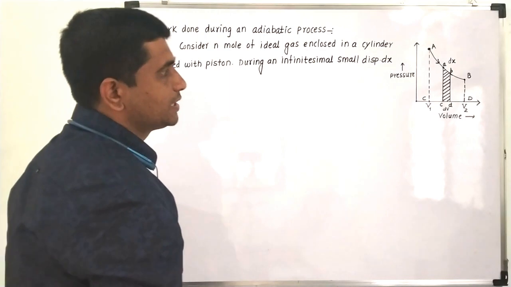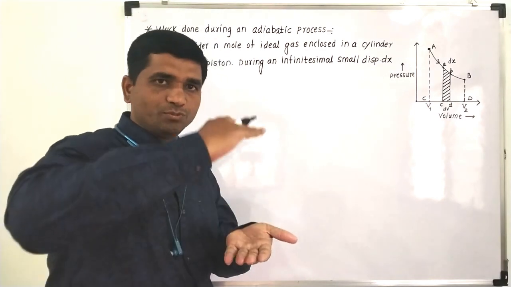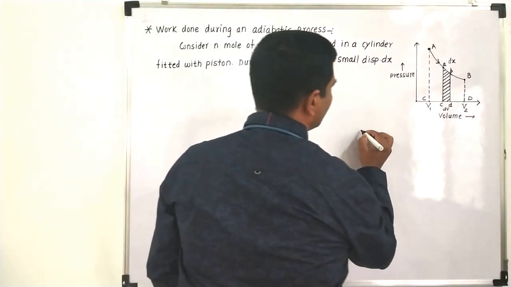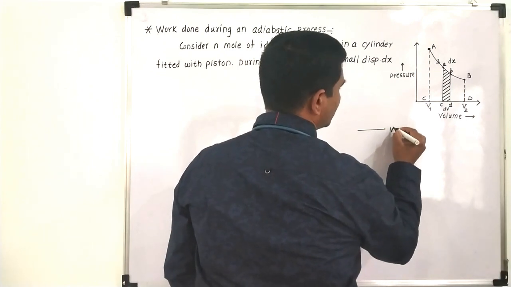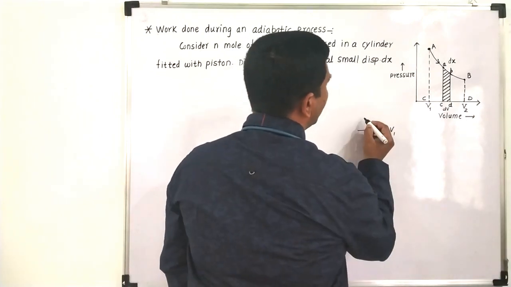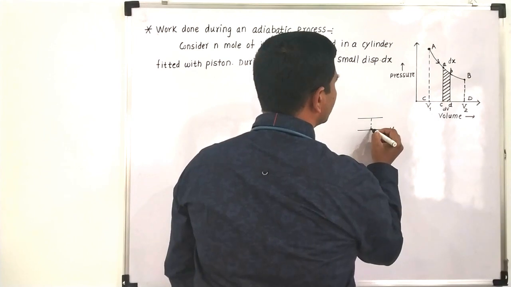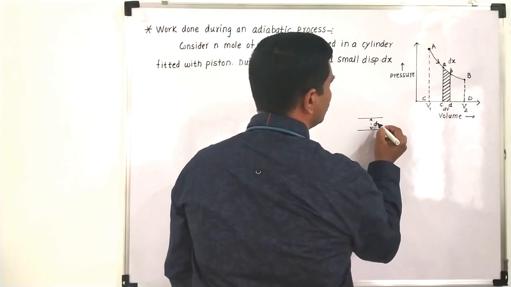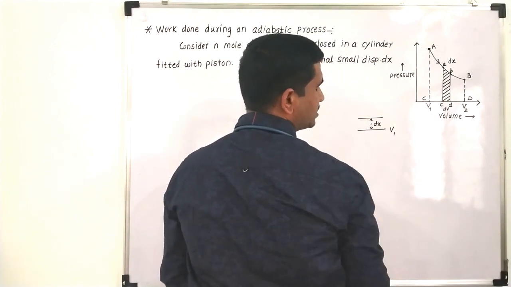Okay, so let us say that initially the position of the piston is this one. Let us say it was this initial position, and it is moving a certain distance. Let us say this distance through which the piston is moving is dx.